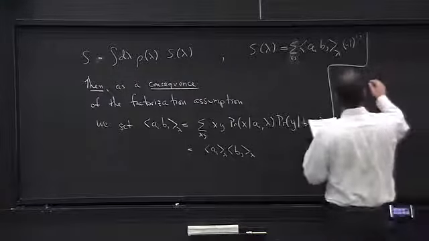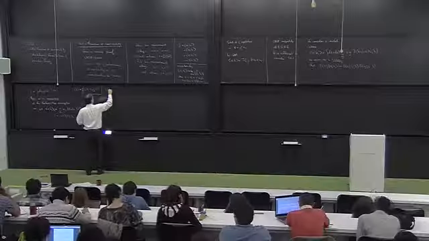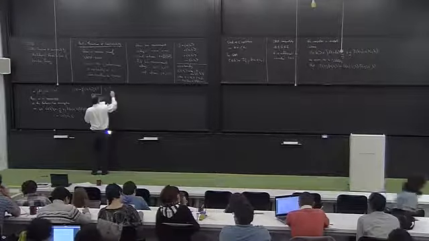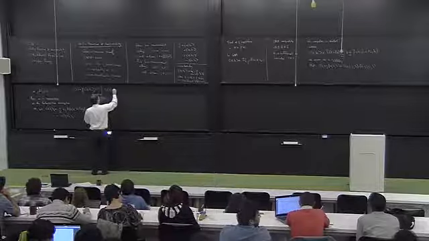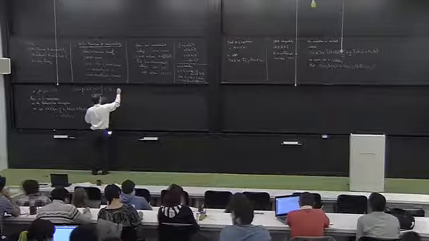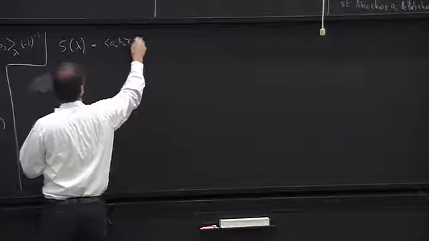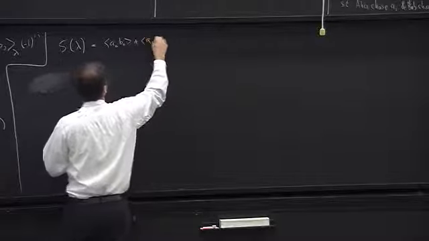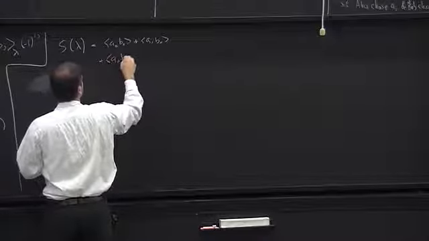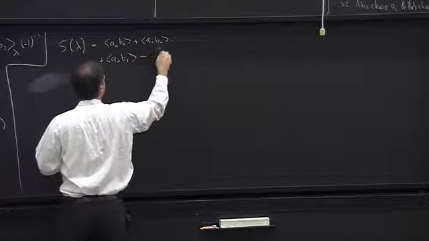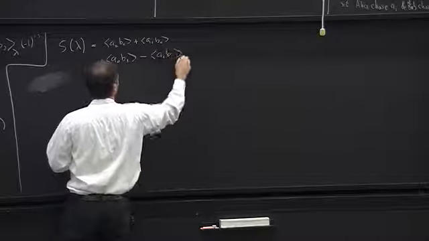So then we have, I guess I should write it up here, S lambda is equal to, let's just write it out in full, A0, B0 plus A1, B0 plus A0, B1 minus A1, B1.